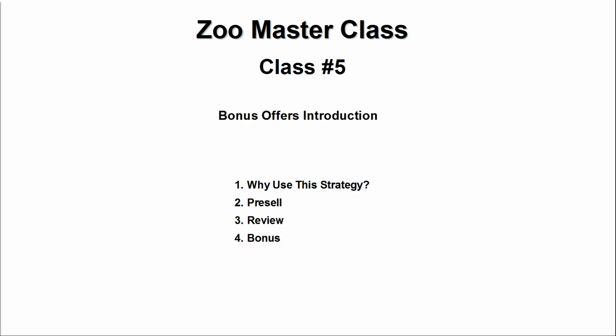Now, there's nothing wrong with just straight promoting the product like that, but the reason why you would want to use my strategy instead of just doing a direct promotion is because you can make more for every click that you are sending to see that offer.